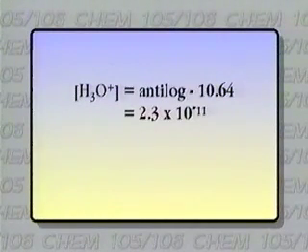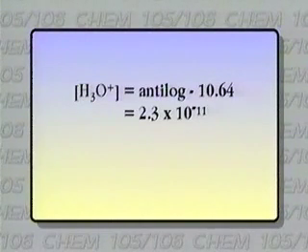Again, in terms of significant figures, even though this looks like we have 4 significant figures, remember in pH, only the numbers after the decimal are representative of significant figures. So pH at 10.64 has in it only 2 significant figures. Therefore, we can put only 2 significant figures in the hydronium concentration.